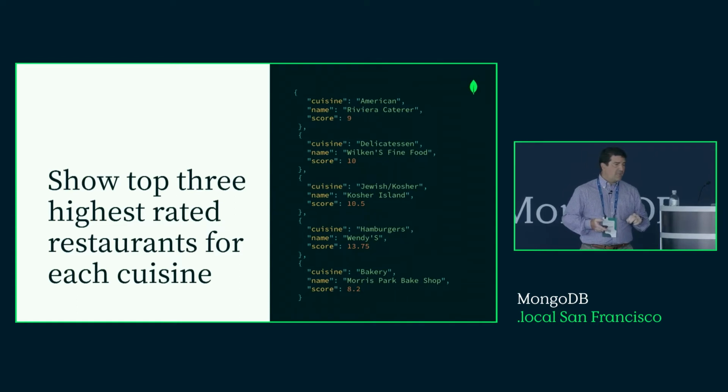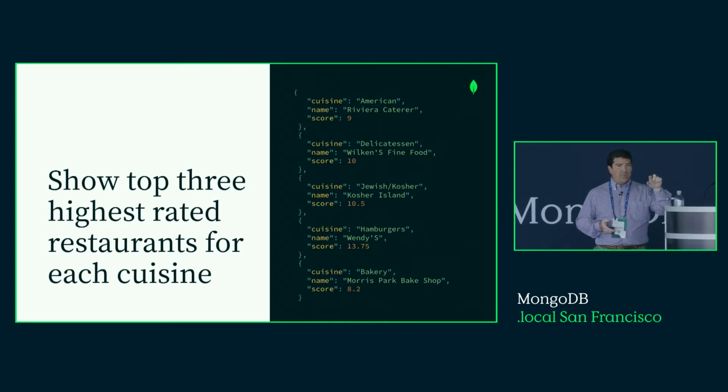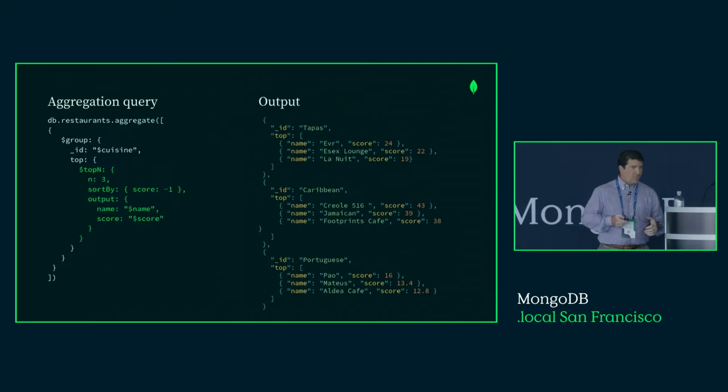Now I want to combine some of these and take the top 3 rated restaurants in each category, using the aggregation. On the left-hand side you'll see the aggregation pipeline code, and the right side is the output.